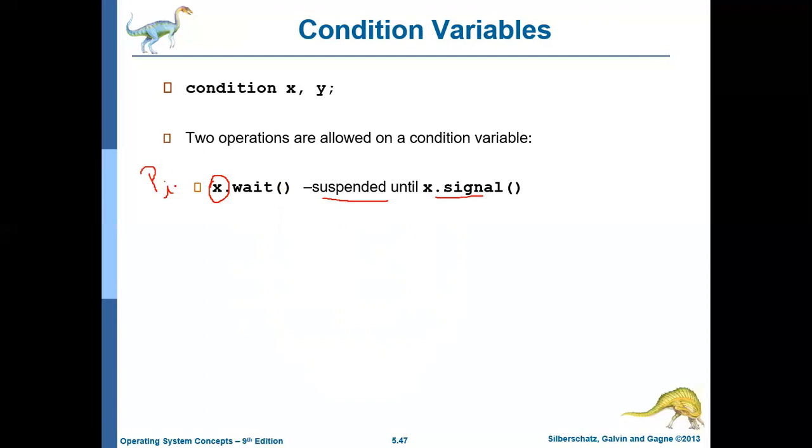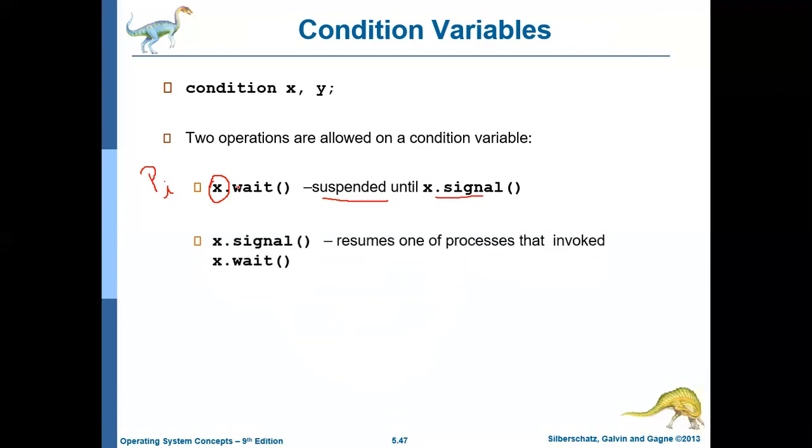But for now understand that if a process Pi calls wait on a shared variable x, then Pi will be suspended until some other process calls signal on x. When some other process calls signal on this shared variable x, then whichever process was waiting for it will wake up again and come back.